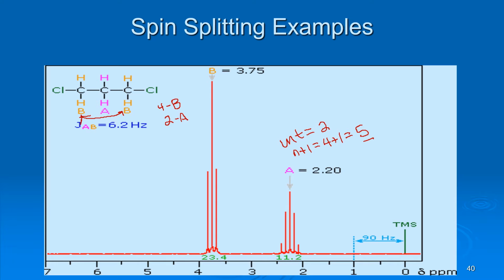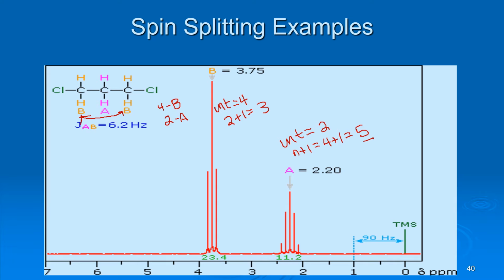Hydrogen B, there's 4 of them, so the integration should equal 4, meaning the area under the curve should be equivalent to twice as many as peak A. And we'll look at that in a second, but there's 4 of them, but they're only split by 2 neighbors, so 2 plus 1, or they should have a split of 3.